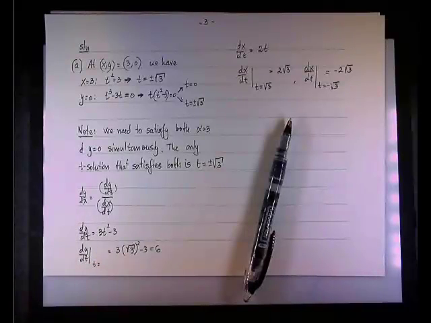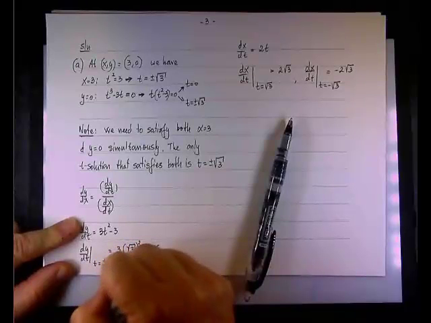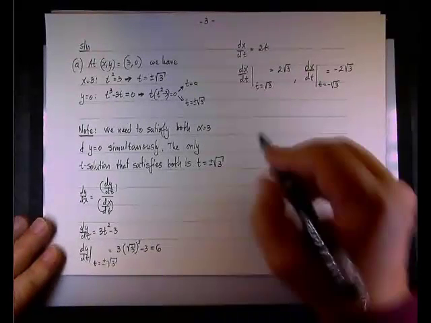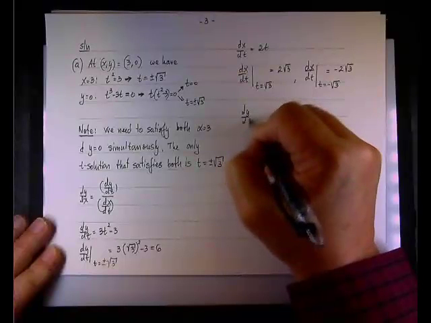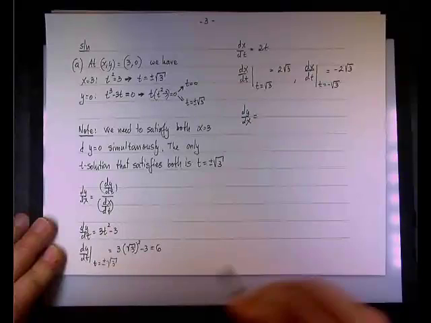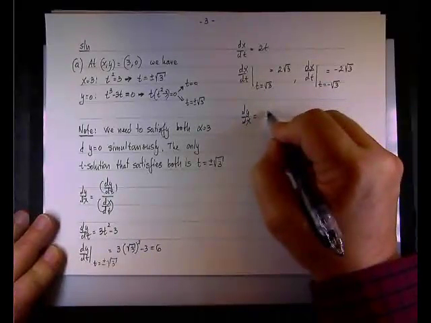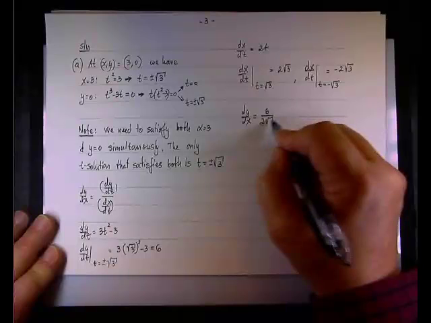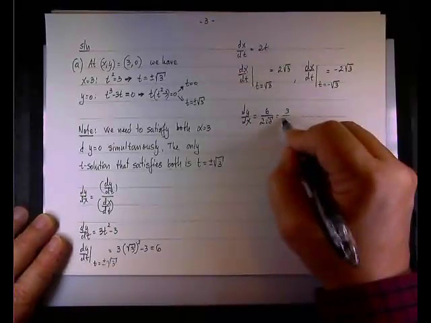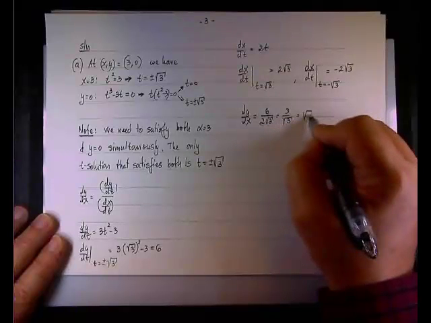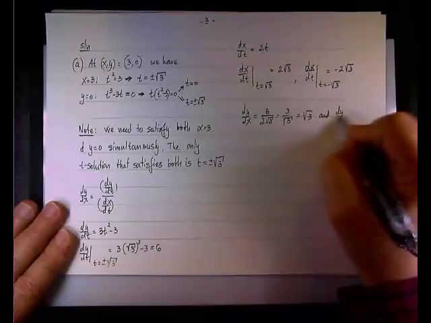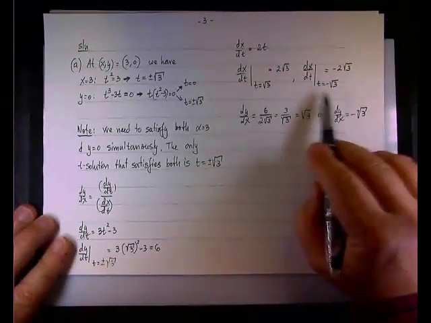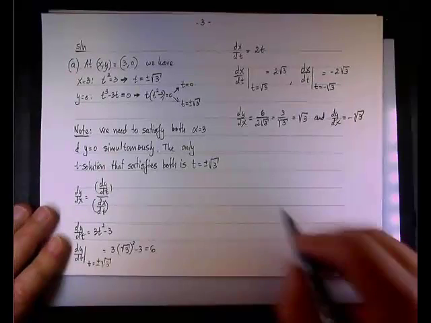So dy/dx equals either 6 over 2 square root of 3, which is 3 over square root of 3, or simply square root of 3, and dy/dx equals negative square root of 3 if we go with t equals negative square root of 3.